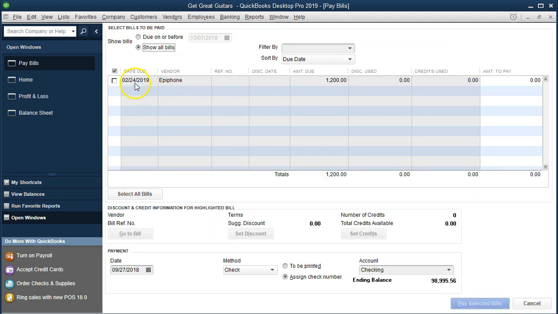And it's just going to show the bills that we have to pay. This is a really useful system because it allows us to enter the bills, as many bills as we want within the system whenever we get the bills without paying them at that time, and then sort the bills by when they're due and try to pick out which ones we want to pay, and then check off which ones we want to pay and pay them at that time.